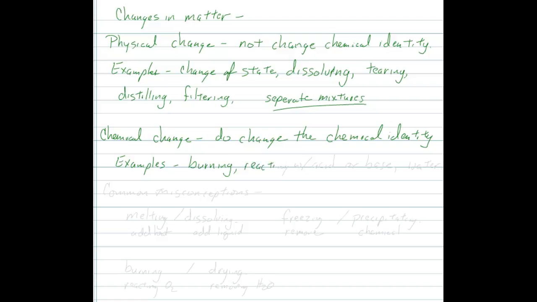Reacting with an acid or base. Picking some other element or chemical, whether it reacts with that. Does it react with water? Some things will burst into flames if you pour water on them. That's why we have different types of fire extinguishers.